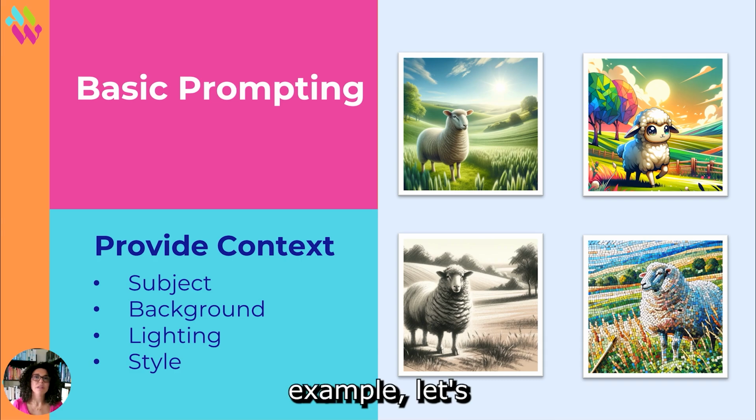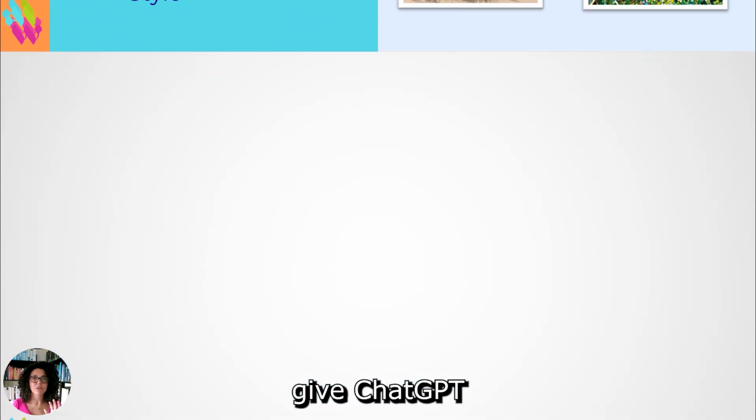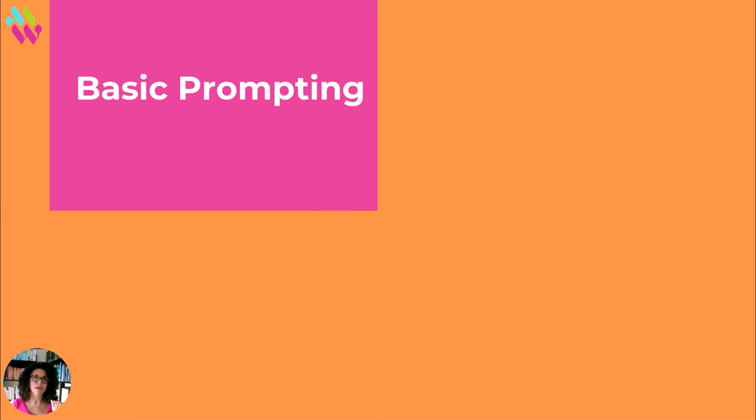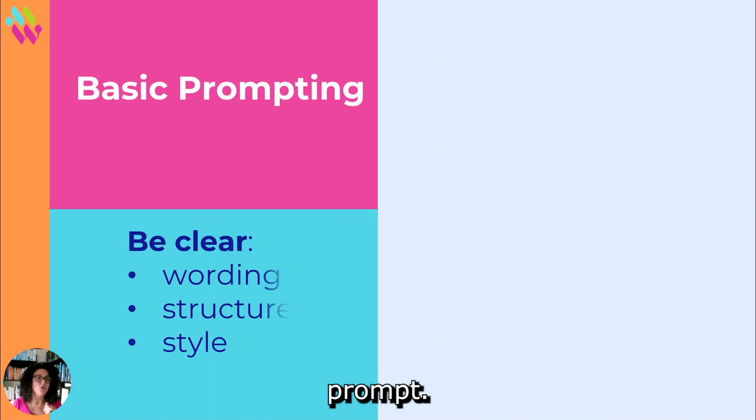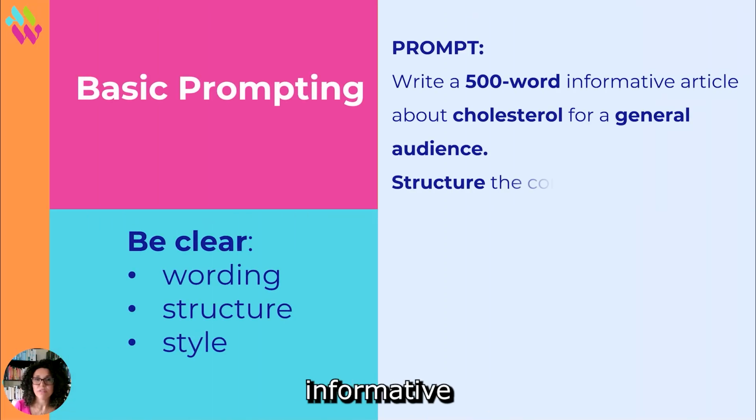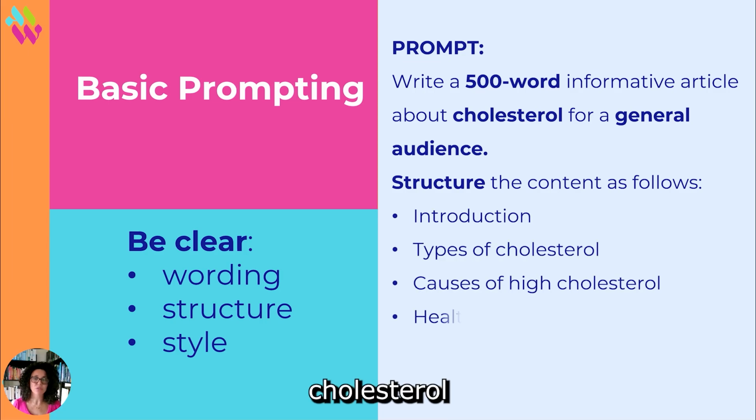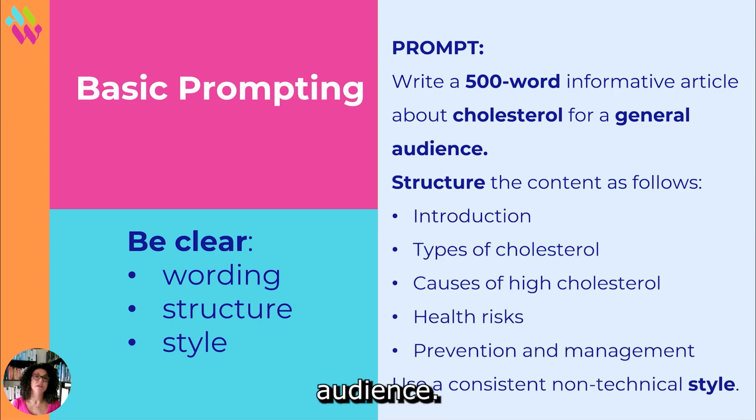So, for example, let's give ChatGPT the following prompt. Write a 500-word informative article about cholesterol for a general audience. The content should be structured as follows. It should have an introduction, defining cholesterol and its role in the body.